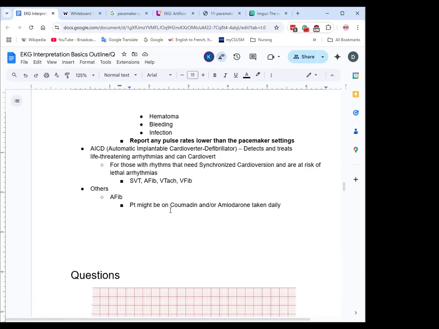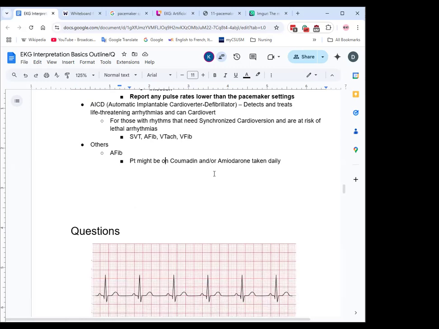And with your Coumadin, you have to remember your teaching. The antidote is vitamin K. The patient doesn't have to stop eating vitamin K foods. If anything, they just have to be consistent with it.